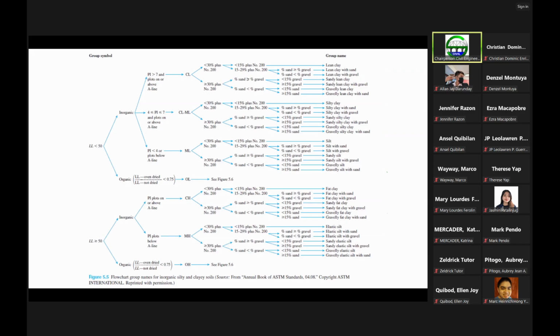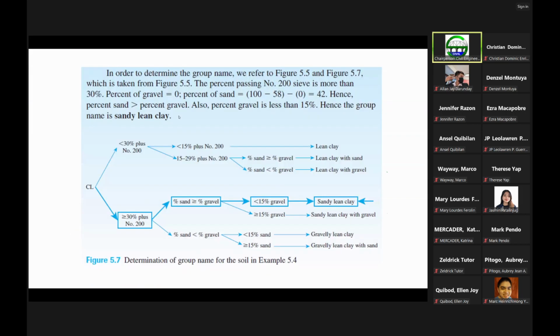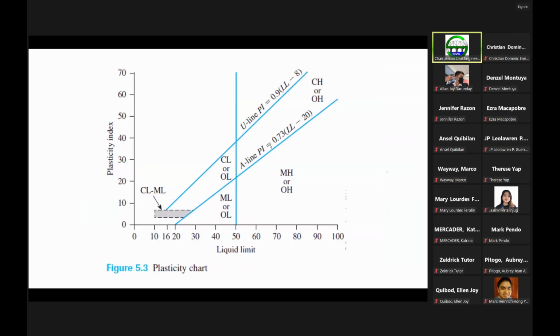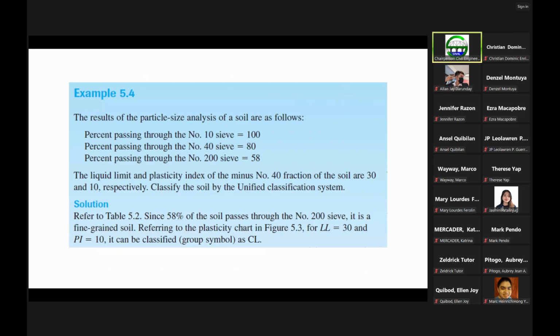With this path, again, we need to check further the percent sand and the percent gravel. So going back here, for the percent of gravel, it is zero. Why? Because if we recall, the gravel fraction is the percent retained on the number 4 sieve.